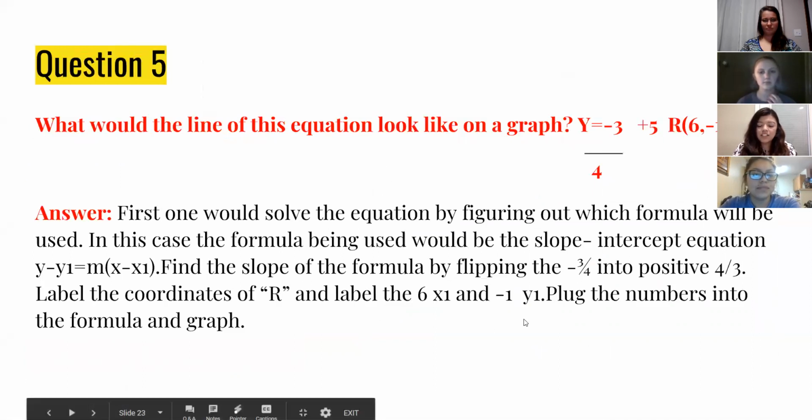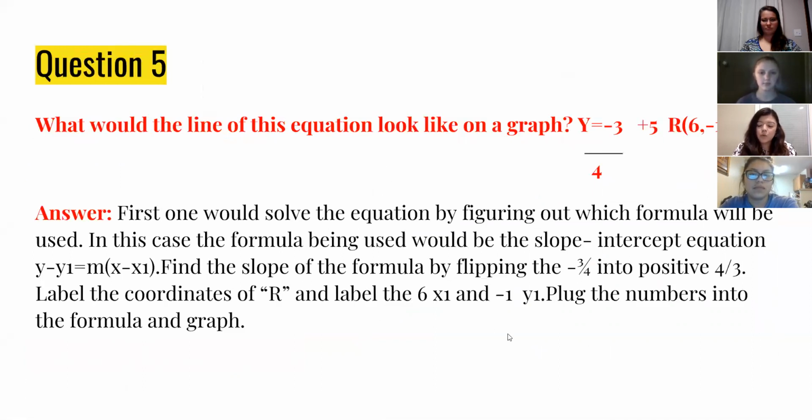What would the line of this equation look like on a graph? y is equal to negative 3/4 x plus 5 with our point R at 6, negative 1. First, one would solve the equation by figuring out which formula will be used. In this case, the formula being used would be the point-slope equation, y minus y1 equals m times x minus x1, where the slope is rise over run.